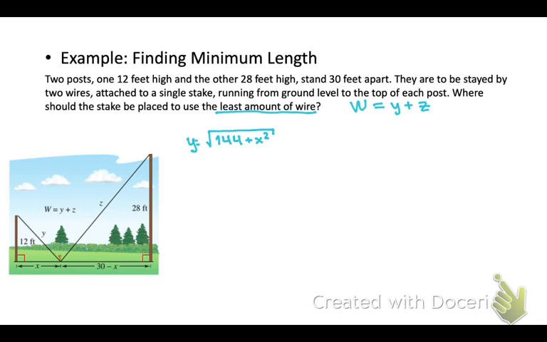So the big triangle is going to be Z equals the square root of 28 squared plus 30 minus X, squared.